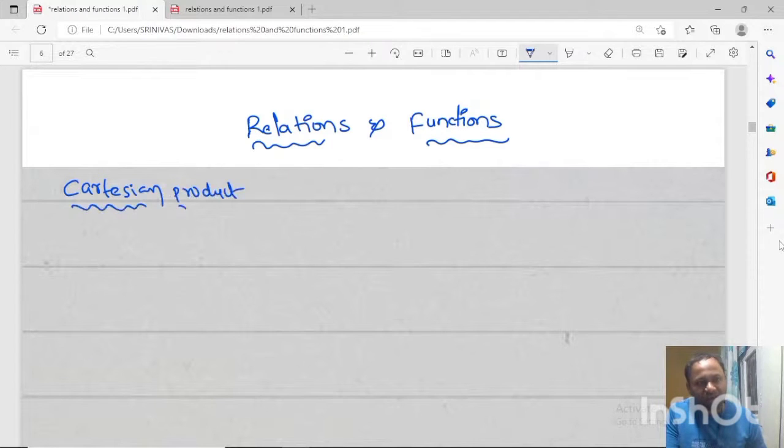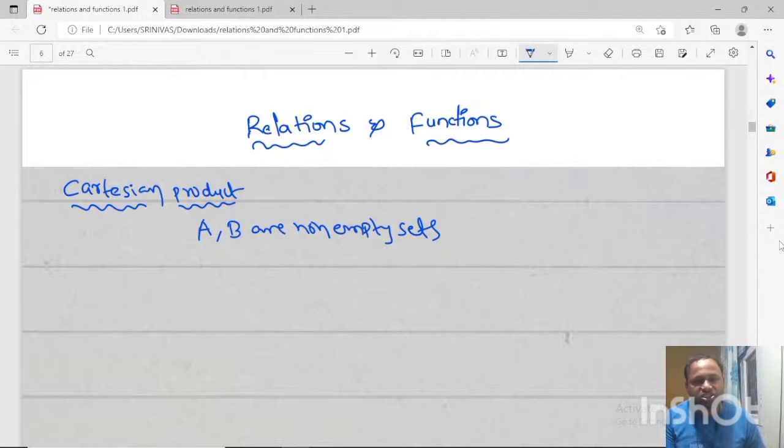What do you mean by Cartesian product? Very simple. Suppose capital A and B are two non-empty sets.